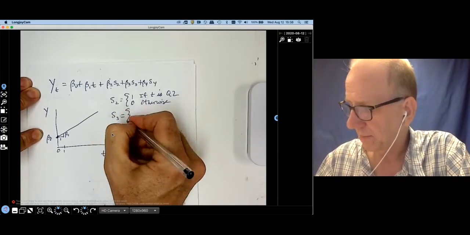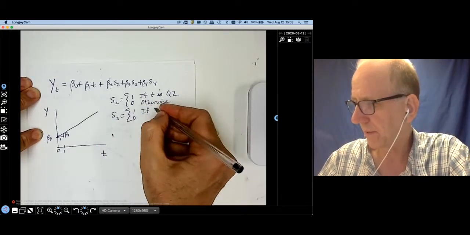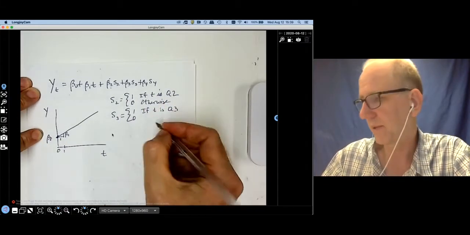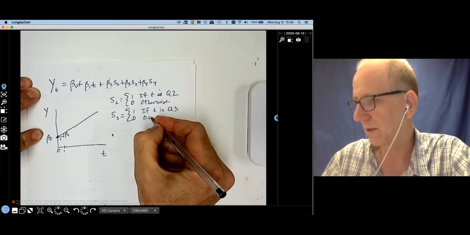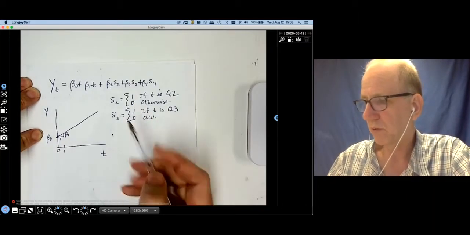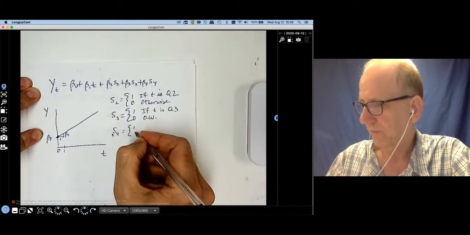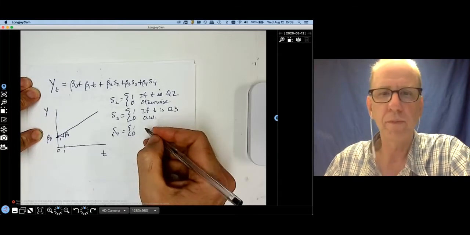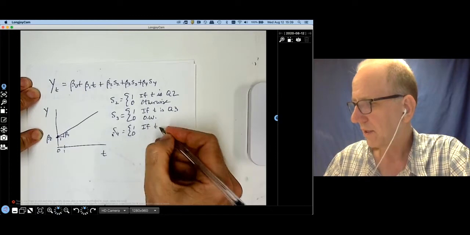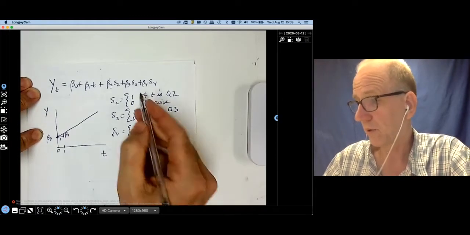S3 is a dummy as well. If the current time period is in quarter 3, we get to add beta 3, otherwise we do nothing. Now we could write this mathematically, but that's probably more confusing than it needs to be. And then S4 is the season 4 dummy.